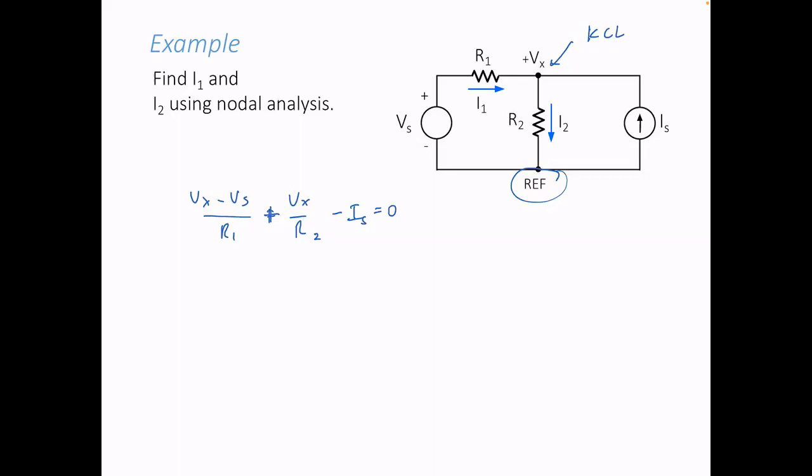No? So presumably, these are all given. Presumably this is the only unknown. No? This is my unknown. So these are all given, Vs, R1, R2, and Is. So I should be able to solve for Vx. So I can solve for Vx.